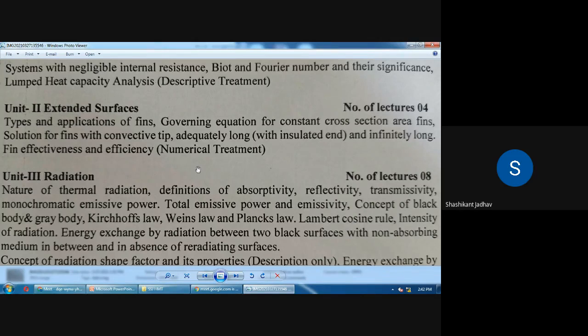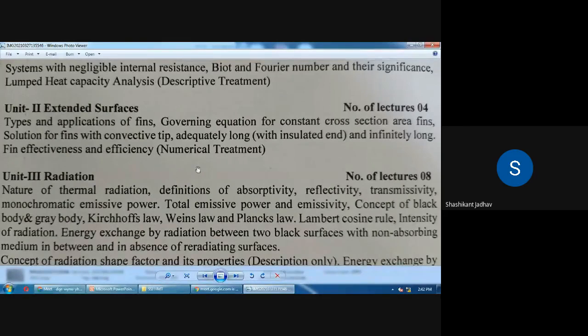But increasing h, the heat transfer coefficient, may require the installation of a pump or fan, or replacing the existing one with a larger one. If we want to improve the heat transfer coefficient, there is a need for a pump or fan, or we have to replace the existing system with a larger one.